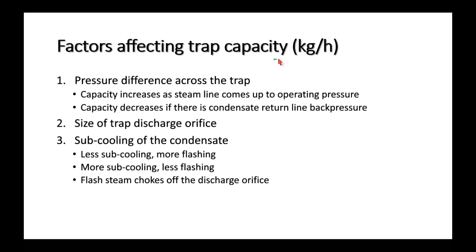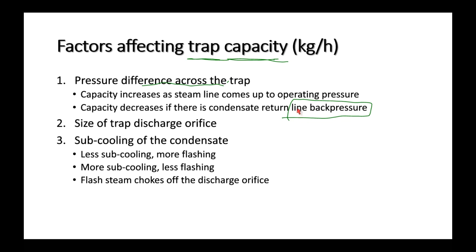So we've determined how you figure out the load. And what we're going to do is we have to match a trap to the load. So the trap capacity has to reflect what it is we want the trap to handle. We know about the pressure difference across the trap because we mentioned back pressure, and I'm not going to go over that again.